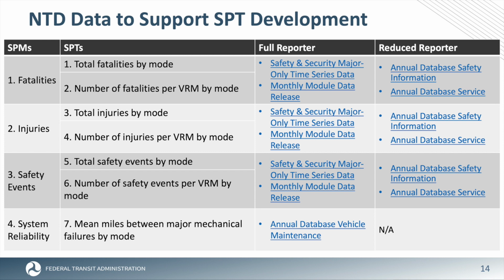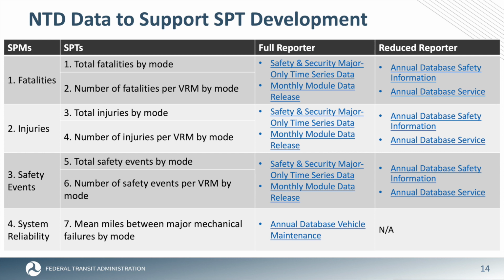And again, that would apply to the fatality SPTs, the injuries SPTs, as well as the safety events SPTs. And for system reliability, I can access my annual database vehicle maintenance file to identify how many major mechanical failures I reported for that report year.